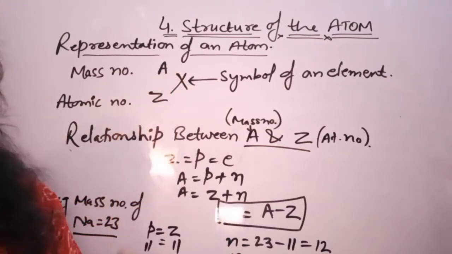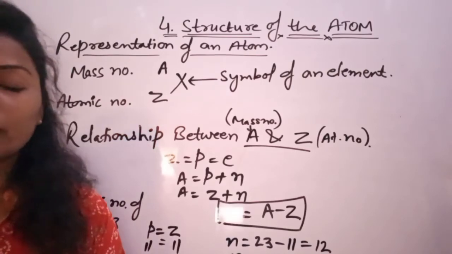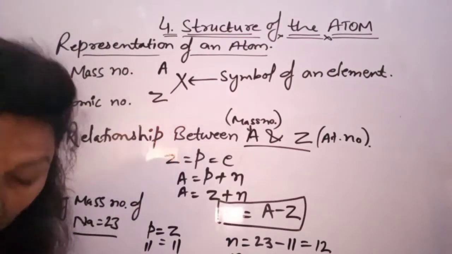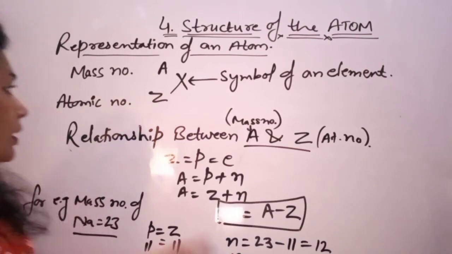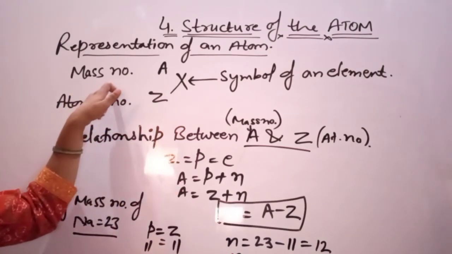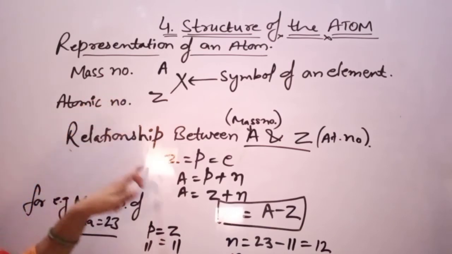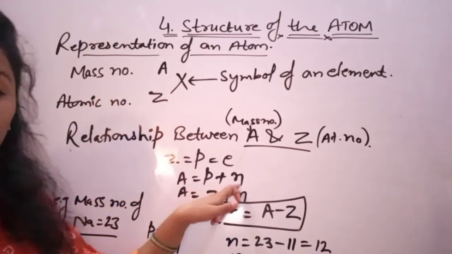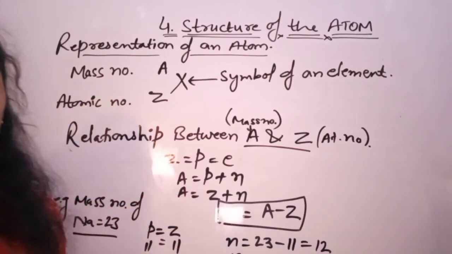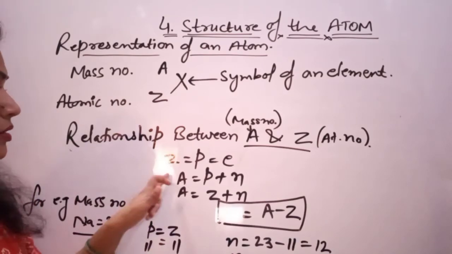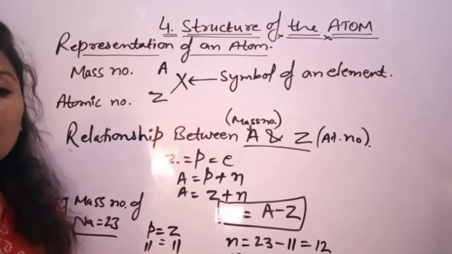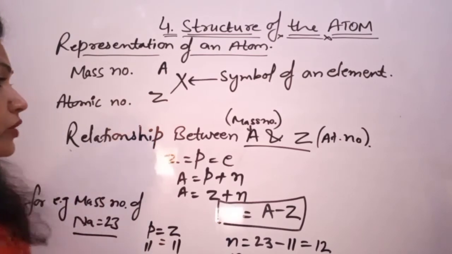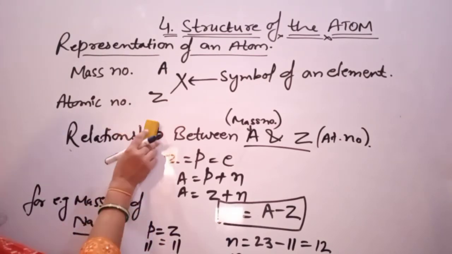If we know the atomic number of sodium is 11, then we can find out the mass number also. Mass number is equal to the number of protons plus number of neutrons. So we will do 11 plus 12. What will we get? We will get 23.